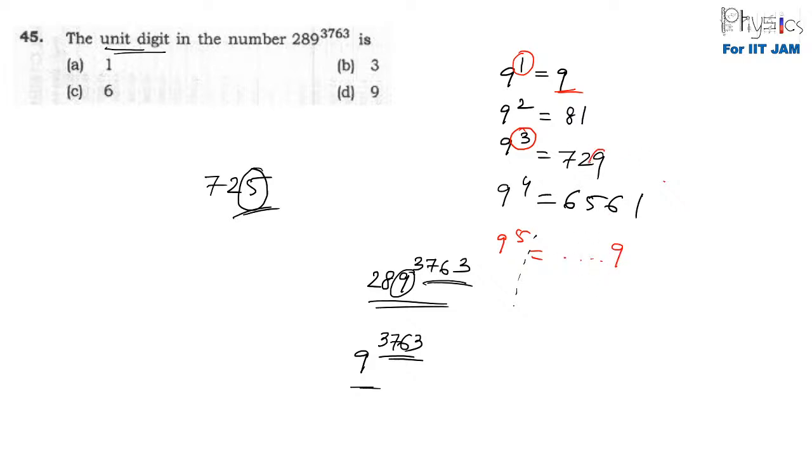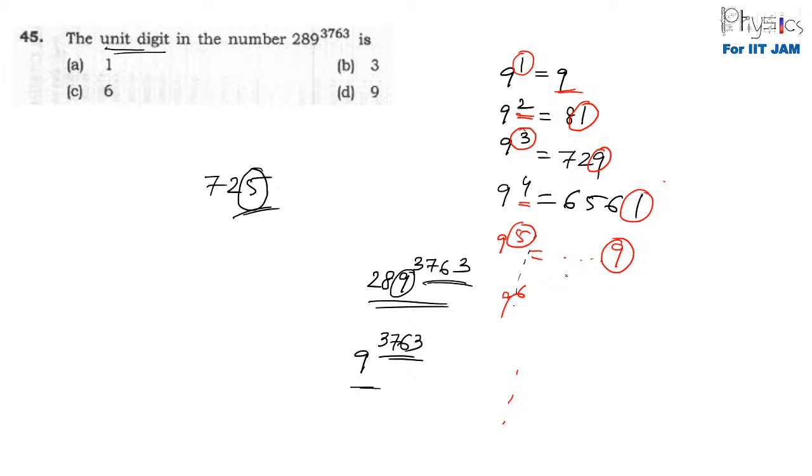So it will give us 9 if it is odd, and if it is even, that is 2, 4, 6, 8 and so on, it will give us 1. You may calculate the higher numbers also, 9 to the power 6 and so on, for your better understanding.